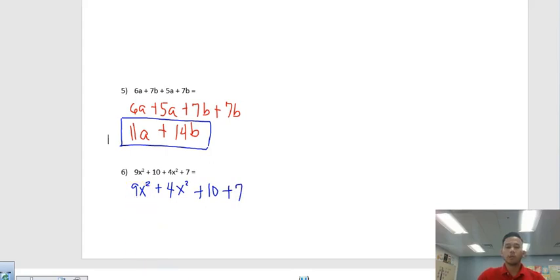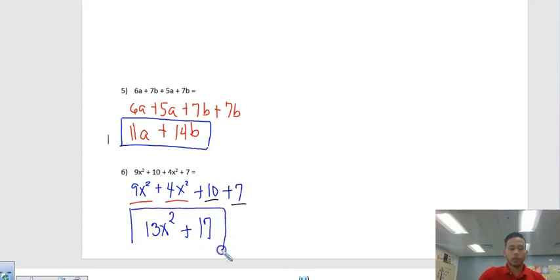So combine like terms. 9x squared and 4x squared are like terms, and you have the constants 10 and 7. So the answer here would be 13x squared plus 17. So this will be your final answer.